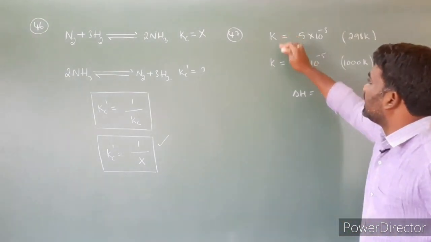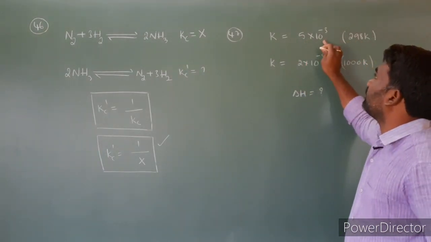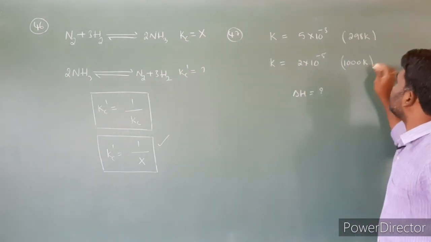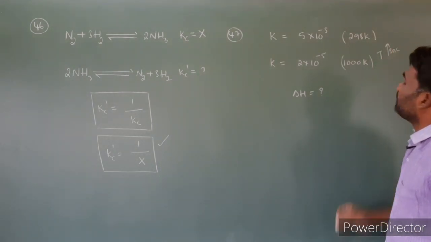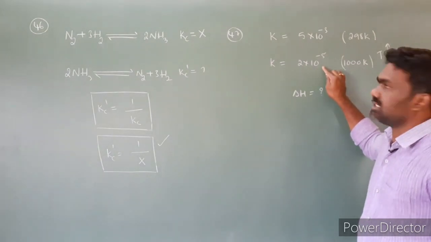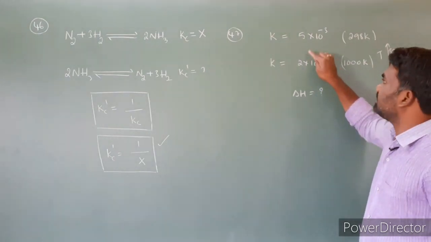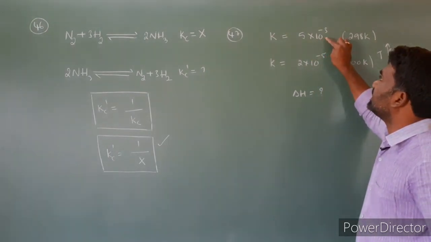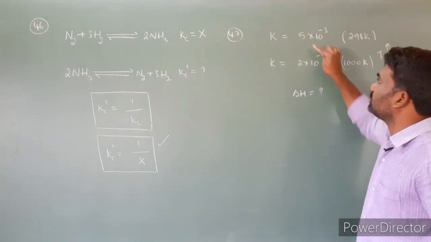So here look at the equilibrium constant. At 298 Kelvin it is 5 into 10 power minus 3. From here to here the temperature increases, but what about the equilibrium constant value? It decreases. 5 into 10 power minus 3 is the higher value and 2 into 10 power minus 5 is the lower value.